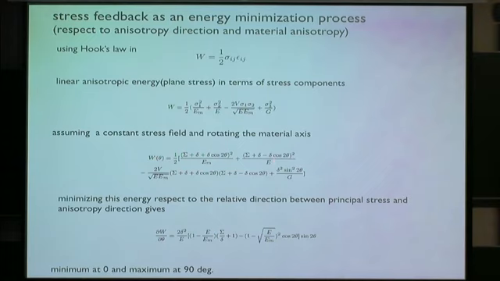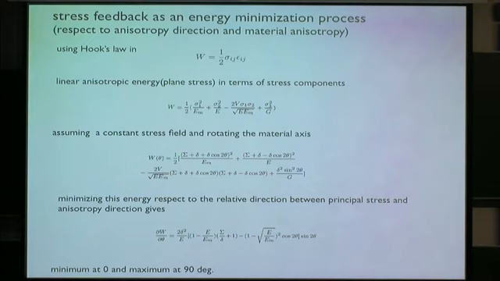So by this parameterization, in a linear energy model, we had principal stress values, the relative direction of anisotropy, maximal stress, and also two values for the elasticity, E and EM.